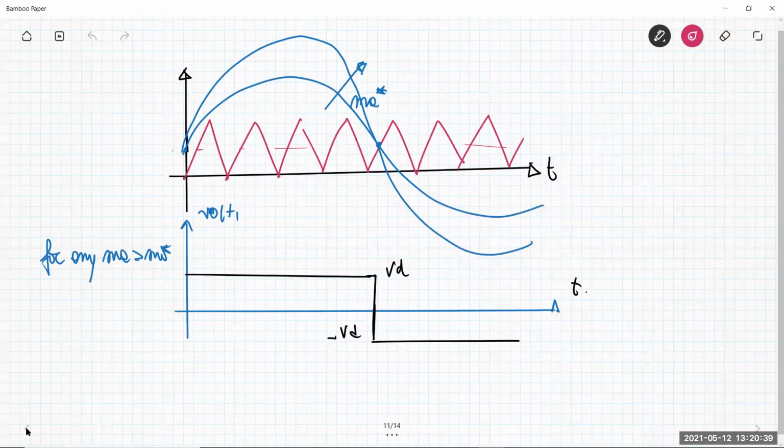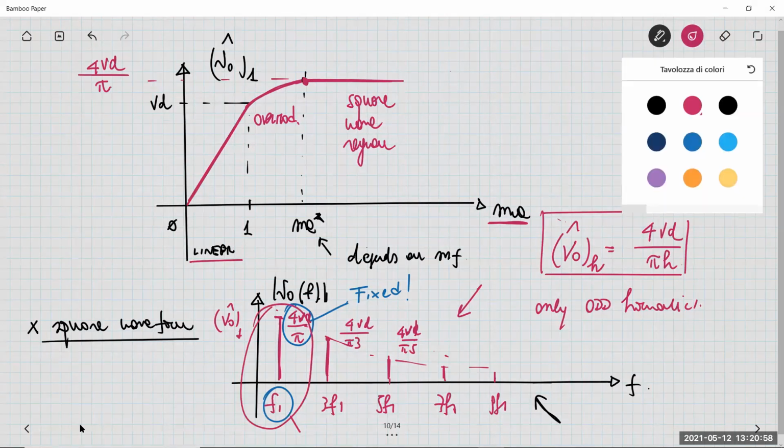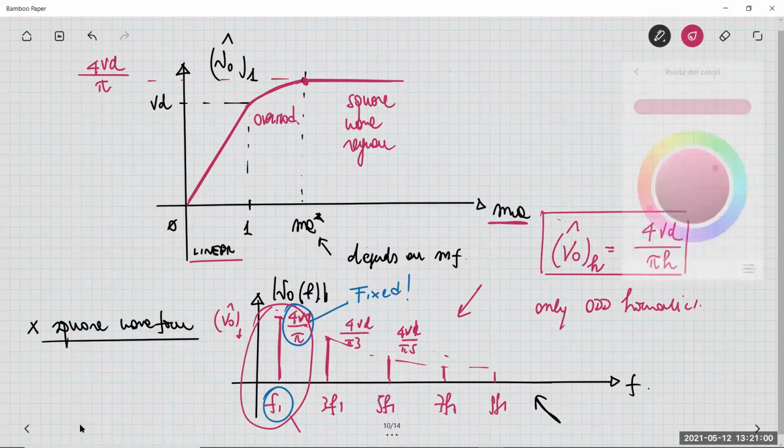Look at the output spectrum. The output spectrum here is this one. Can you say that this spectrum is easy to filter out? Suppose that you want to obtain at the output just the fundamental F1 and get rid of all the other high order harmonics, like for example this one.